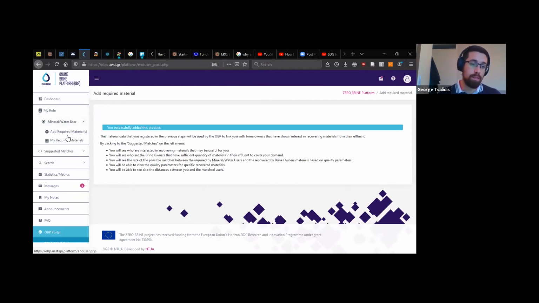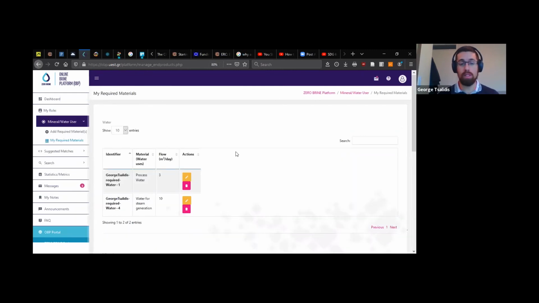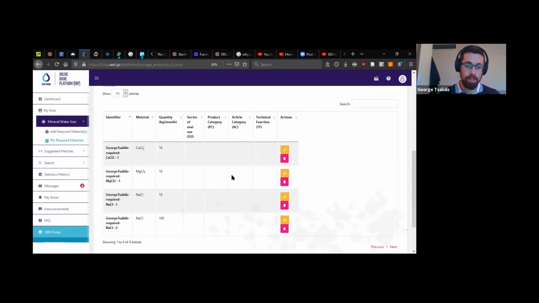Again, on the left part, I can see my required materials, so what materials my company is using as feedstock. I have this; I think I had inserted it on another day, so that remained. So two flows of water, and yes, I have more information and more materials.